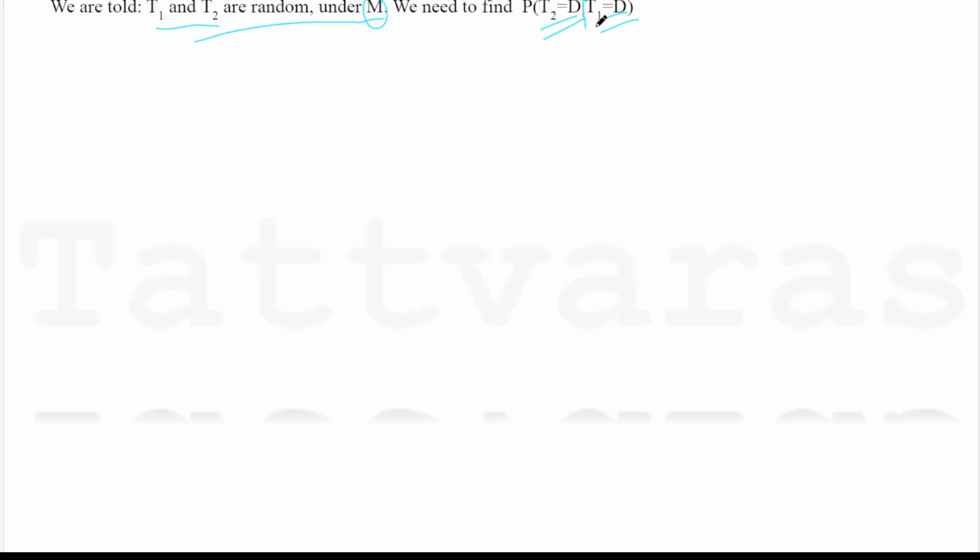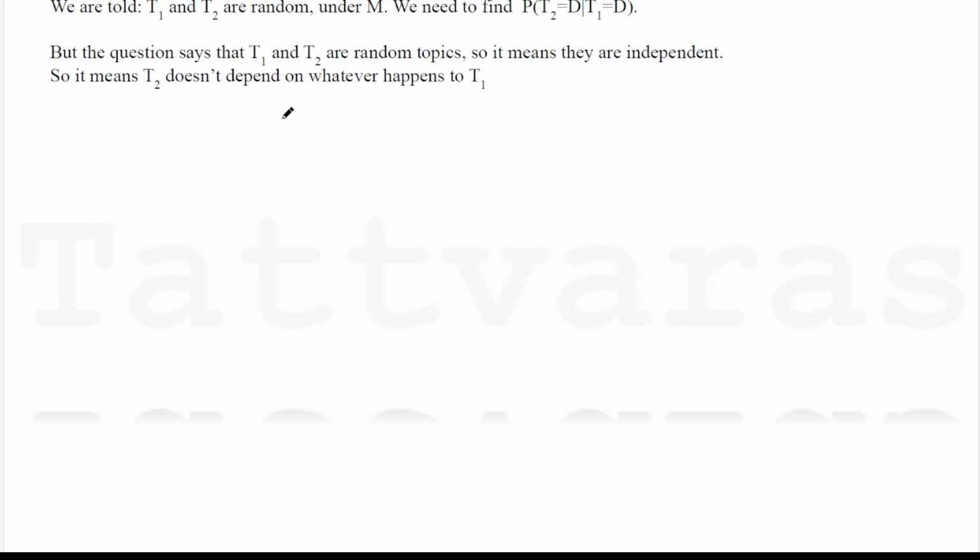Now, interestingly, we can start thinking in this direction that, okay, these are random, which means they don't depend on each other. They are independent. So what it means is this thing doesn't affect this.